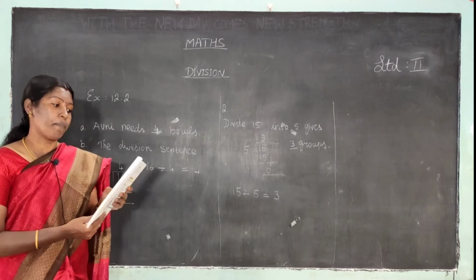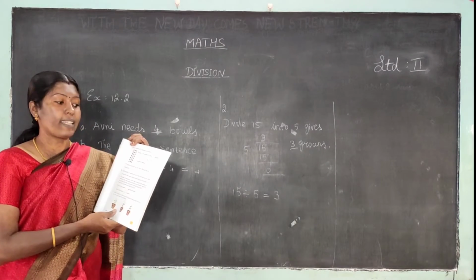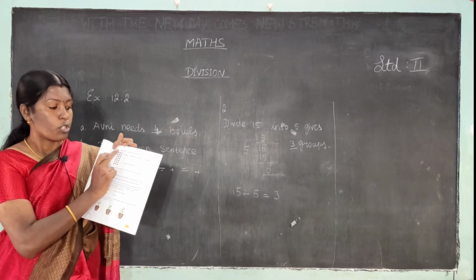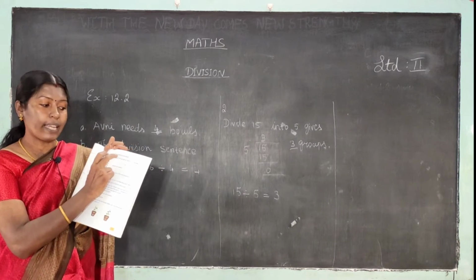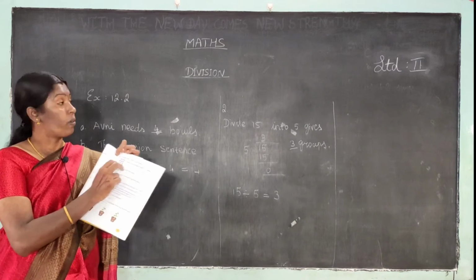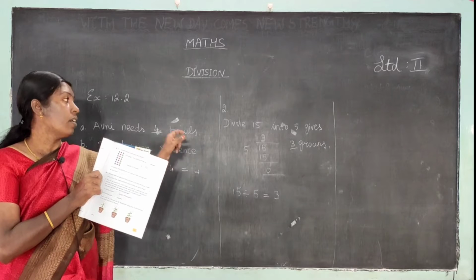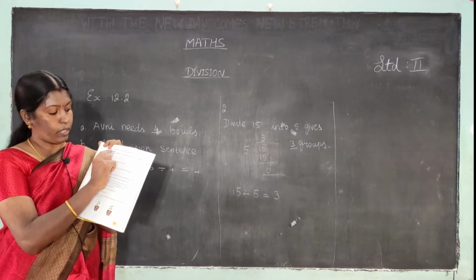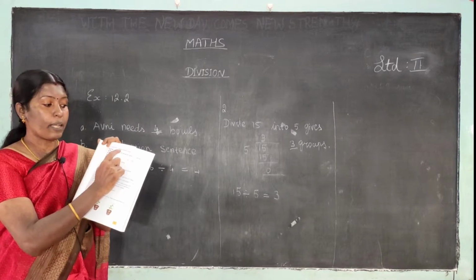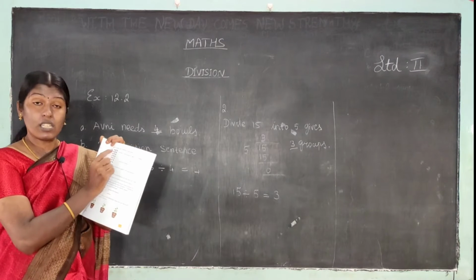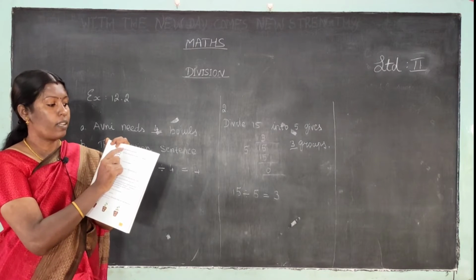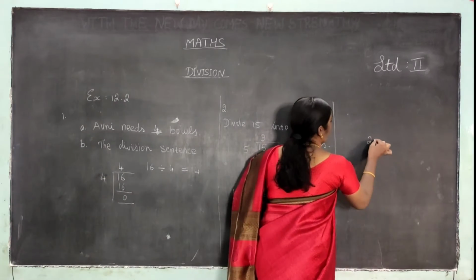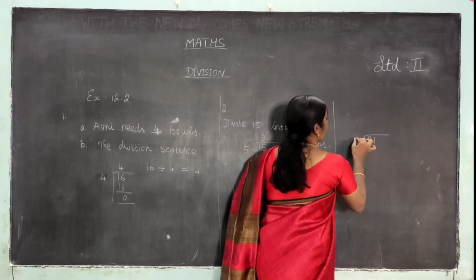Okay, next, same as B. Try this as homework. You see, here also colorful marbles are here. 21 marbles with 3 marbles in each packet. Here 15 marbles in 5 packets. Here the total number of marbles is 21 and 3 marbles in each packet. Okay, we want to divide 21 divided by 3.